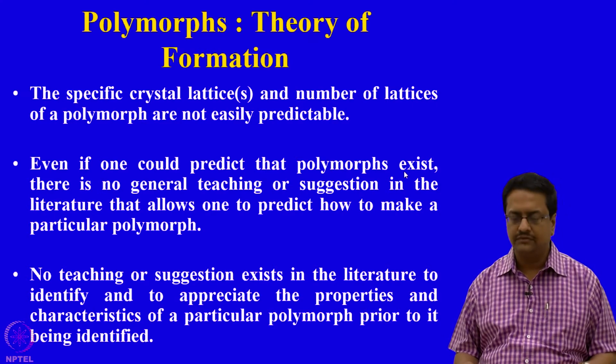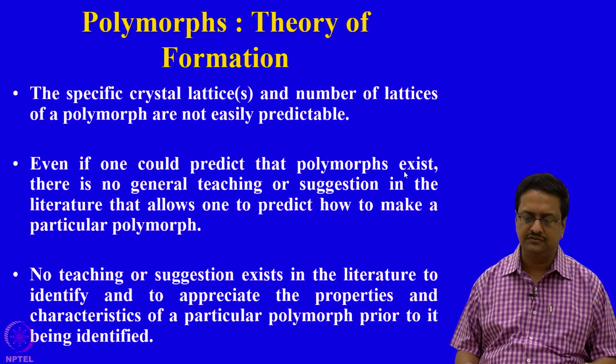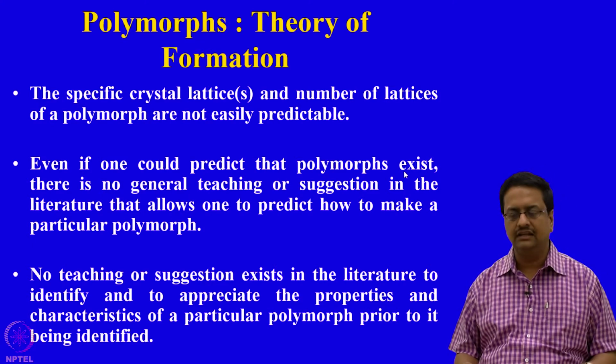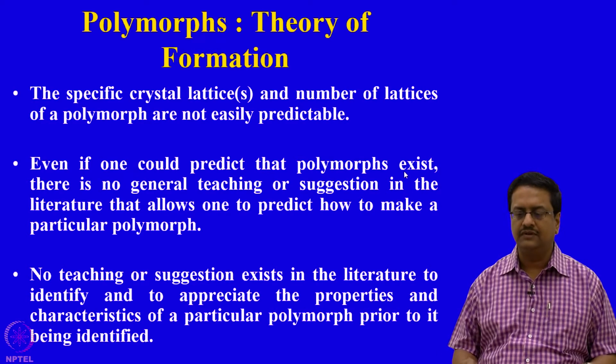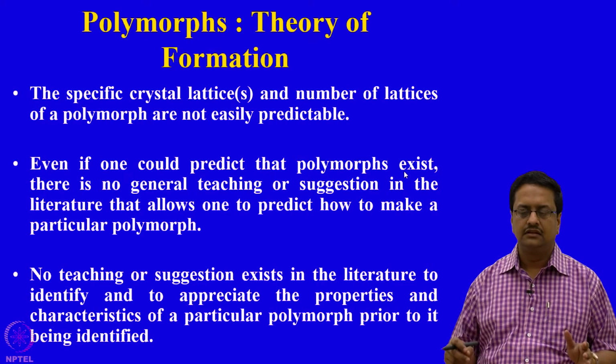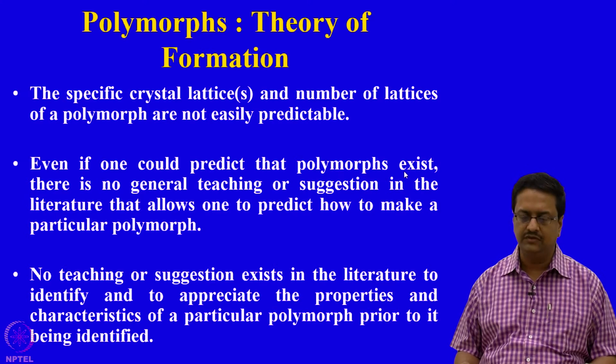So, there are a few theories that we need to understand behind the formation of polymorphs. The specific crystal lattices and number of lattices of a polymorph are not easily predictable.